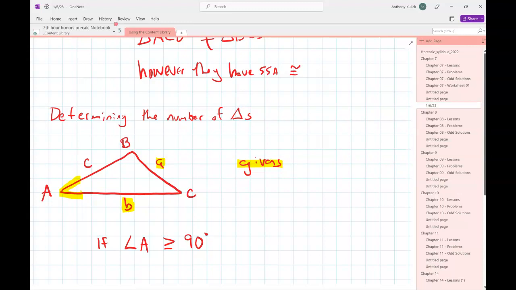Obtuse, or, if it's equal, a right triangle. Everybody agree with that? Okay.